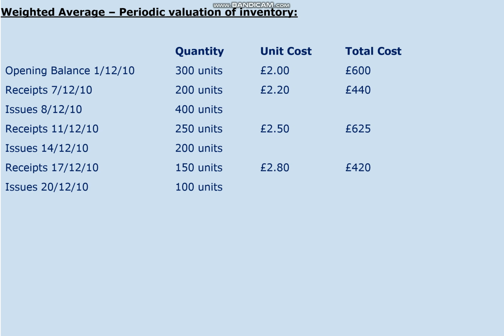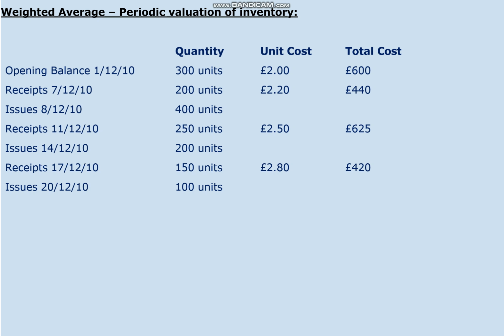But very small businesses which cannot afford to employ full-time accountants, not even part-time accountants, do not update the inventory on a regular basis. So inventory is updated at the end of the period, and the end of the period can be the end of the month, the end of the quarter, or the end of the year.